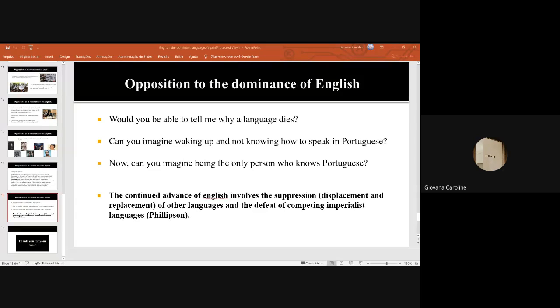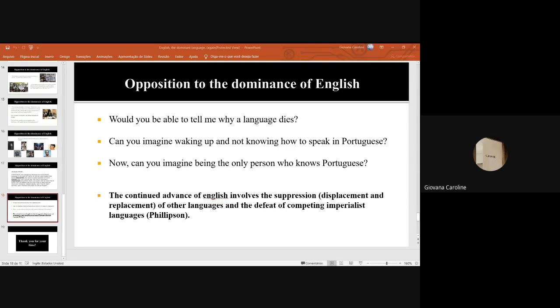So, I imagine it's not exactly the same thing, but I guess it can come close when a language is dying. Now, can you imagine being the only person who knows Portuguese and you do not know any other language? No one would understand you.